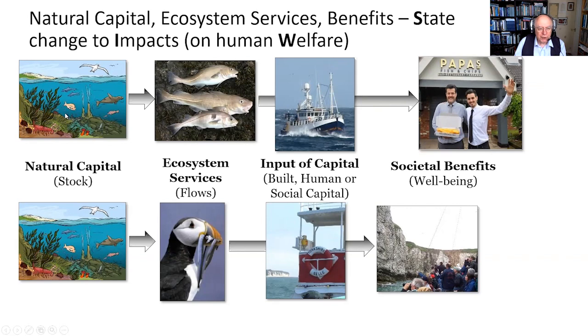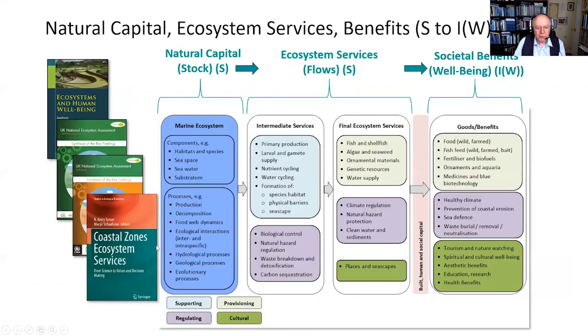If the waters are functioning okay, we get ecosystem services. If we've got the right waves and tides and catchment inputs and so on, we'll get fish. We then put in our human capital, we build fishing vessels, and we learn how to catch these and so on. And we can turn those ecosystem services into our benefits, like fish and chips in this case. And the same for ecotourism along the bottom there.